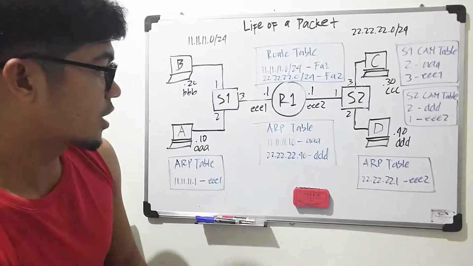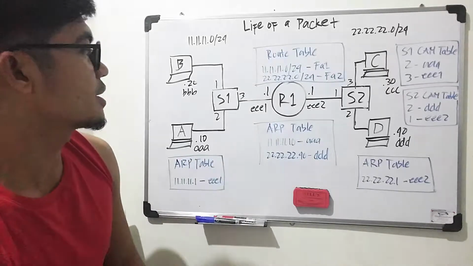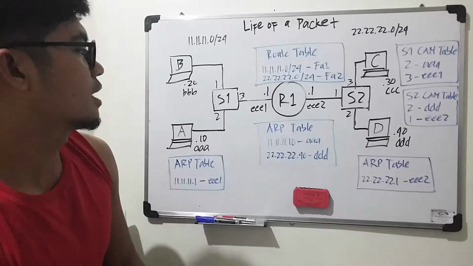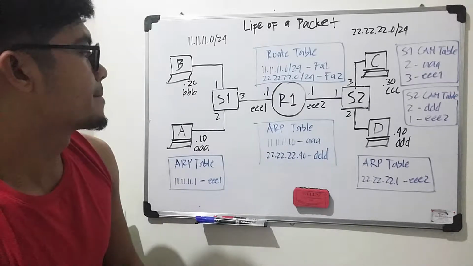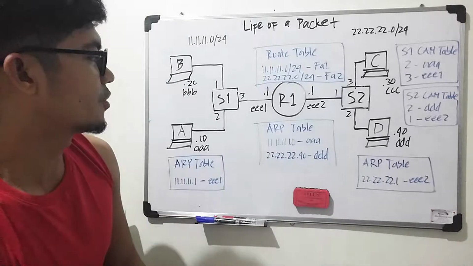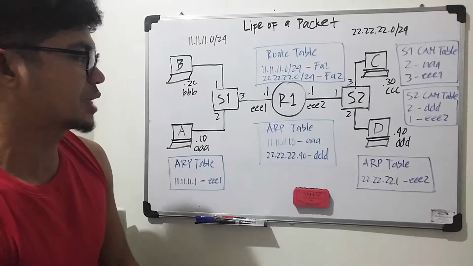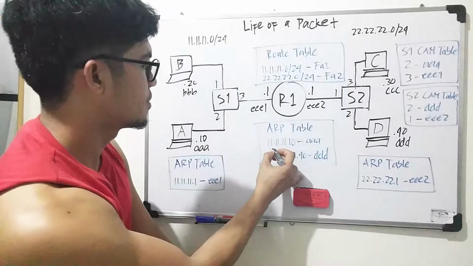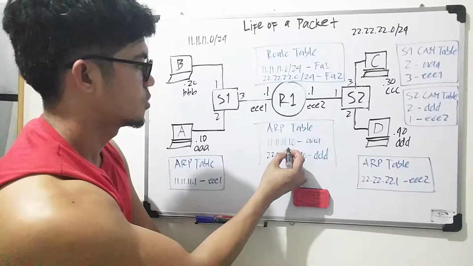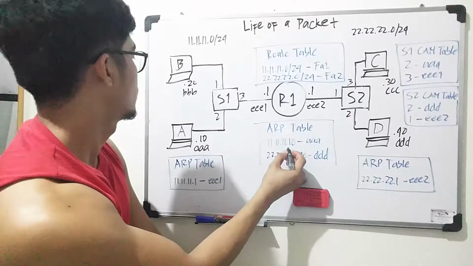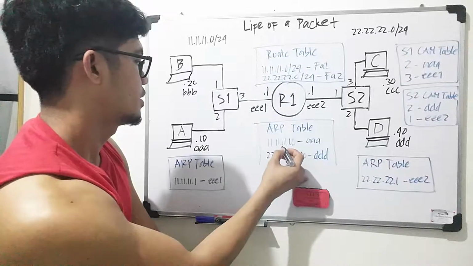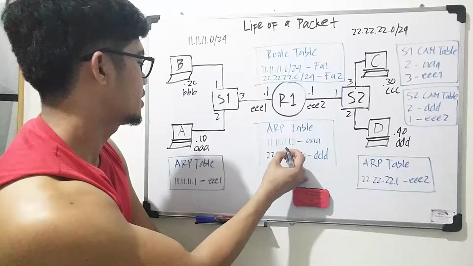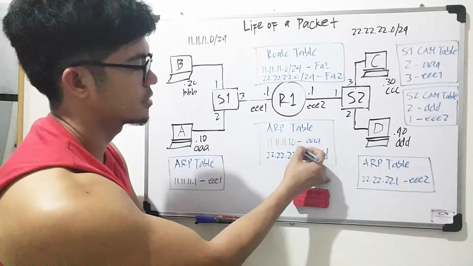Router 1 will do two things as well. It's going to put an entry in its ARP table. So it's going to have this entry here. This is the IP address of host A and its MAC address.